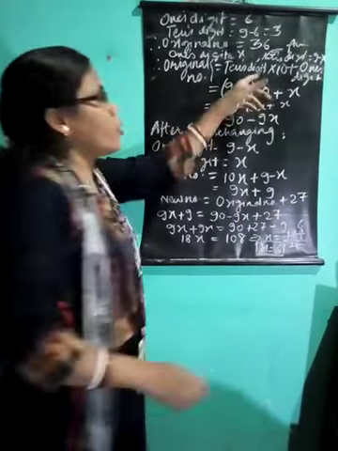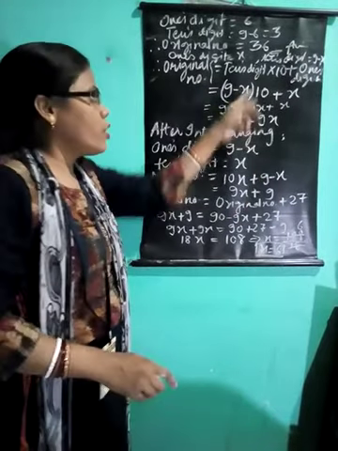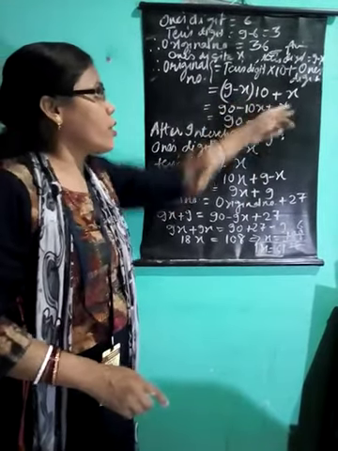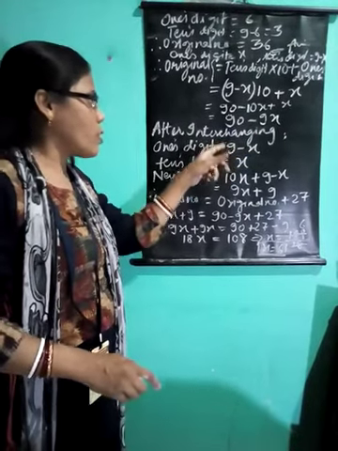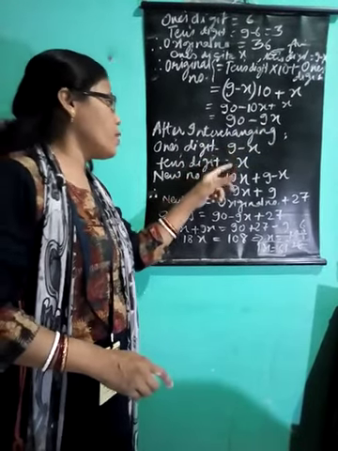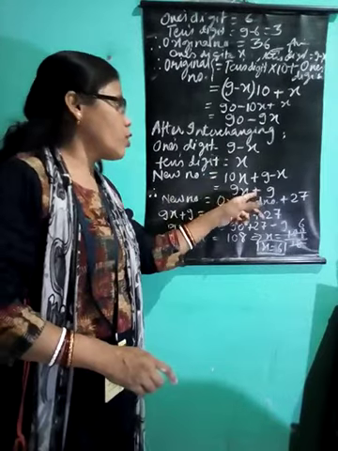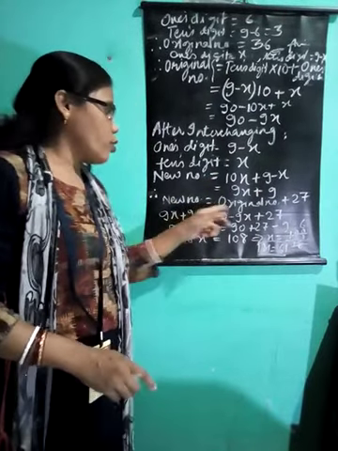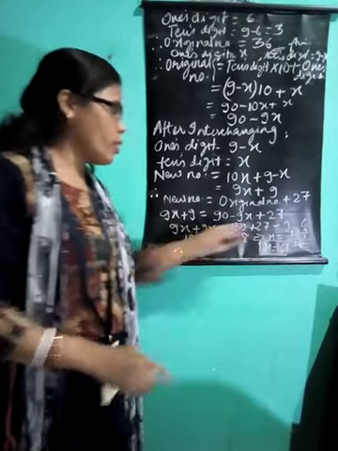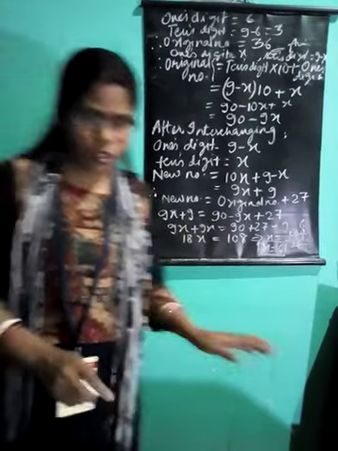So your original number you got tens digit into 10 plus ones digit. You just substitute the values of tens digit and ones digit and just solve it. Then interchanging, put ones in the tens place and tens in the ones place, and then again solve it on the basis of this formula, and then your equation is new number is equal to original number plus 27. Solve that equation, you will get the answer.